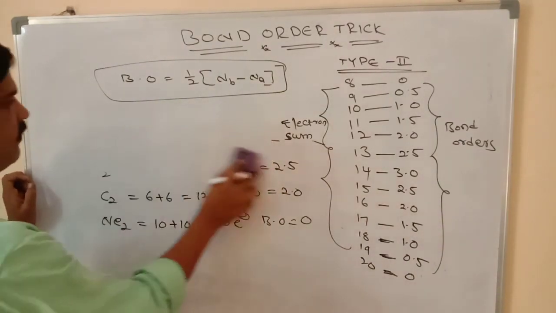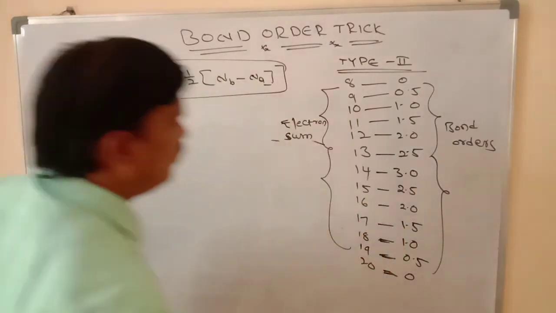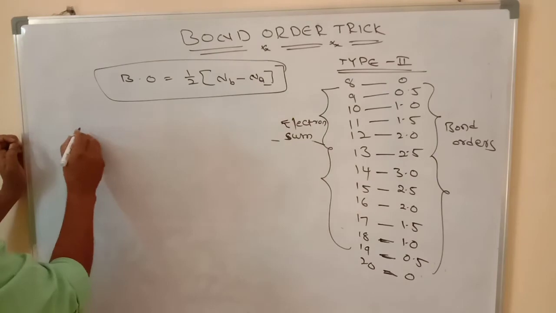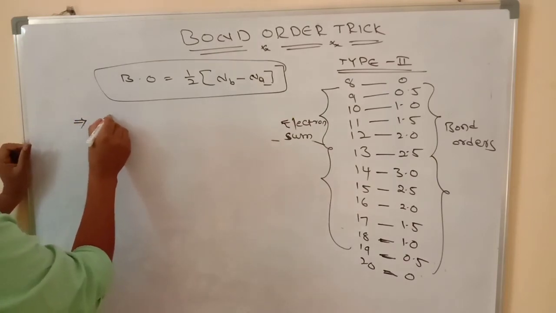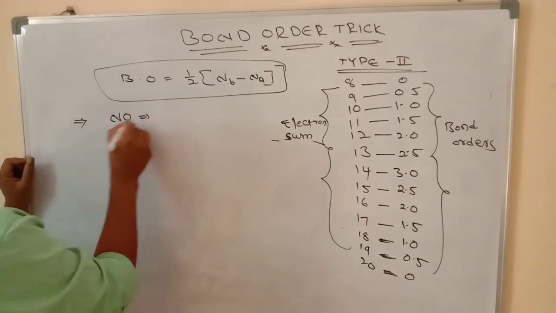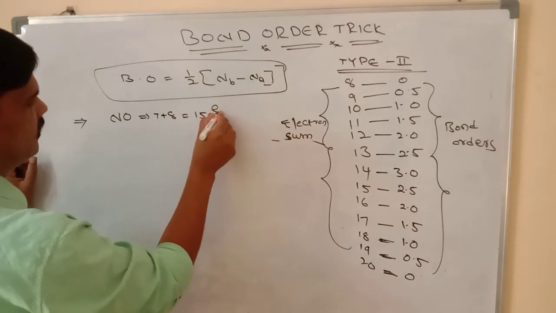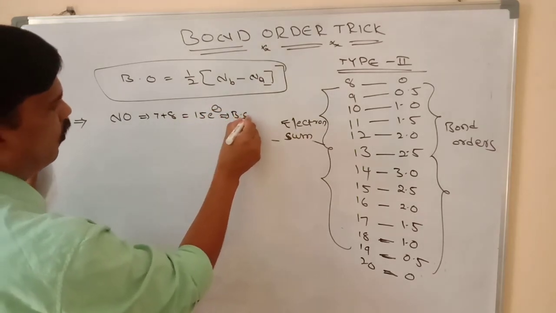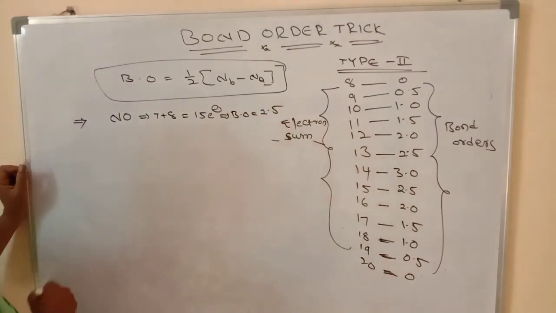This is very important. For application, NO: 7 plus 8 is 15 electrons, so the bond order is 2.5.